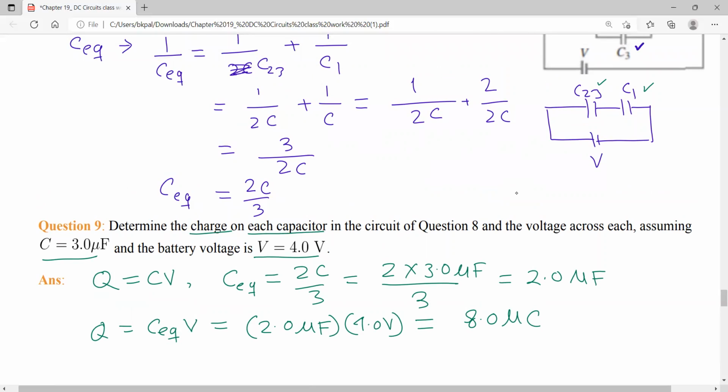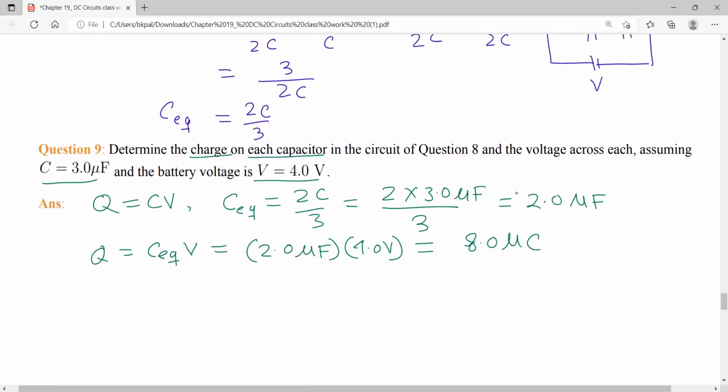You know that when capacitors are connected in series, because of the same current, similar to the resistor, the same charge will be on the series capacitors. So C1 and C23 will be charged with these.